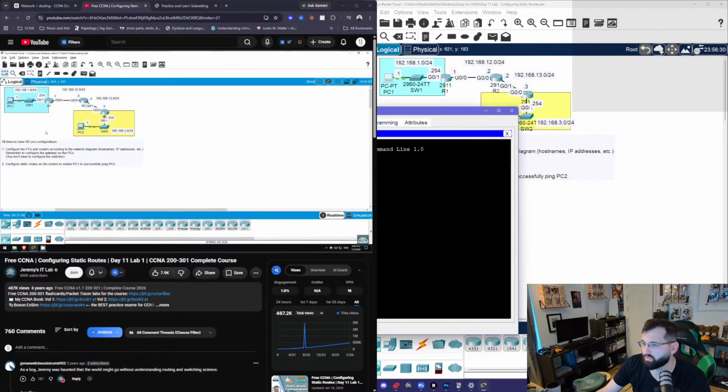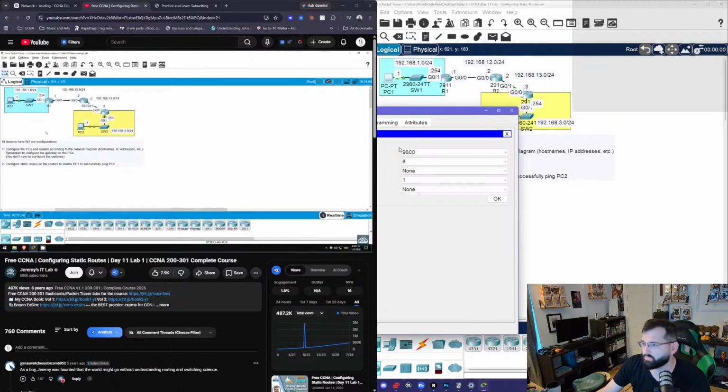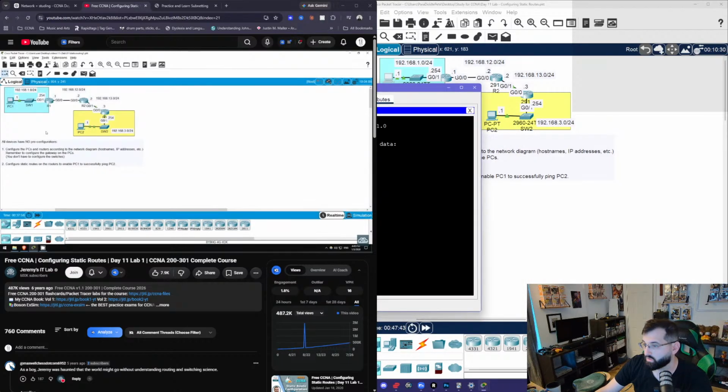So now if we go here, desktop. Wait, do we want terminal or command prompt? We want command prompt. So ping 192.168.3.0. Yeah, because I just pinged the network.